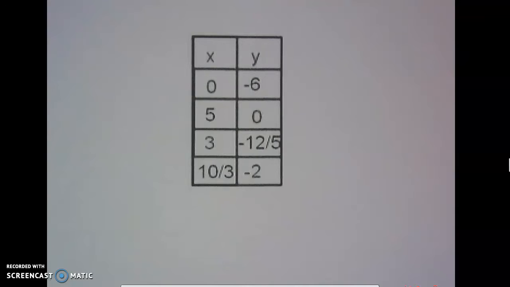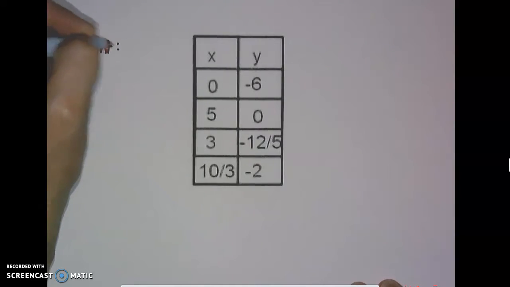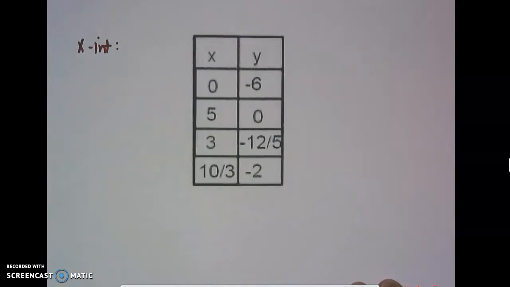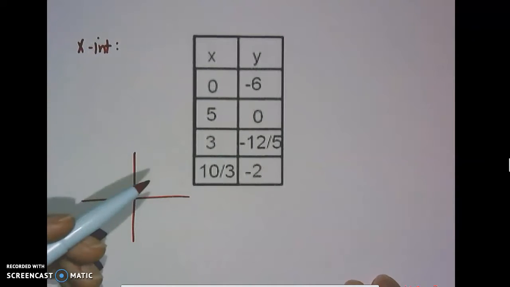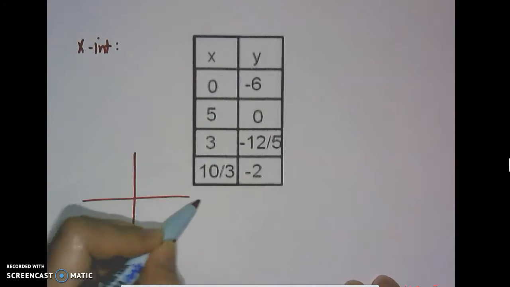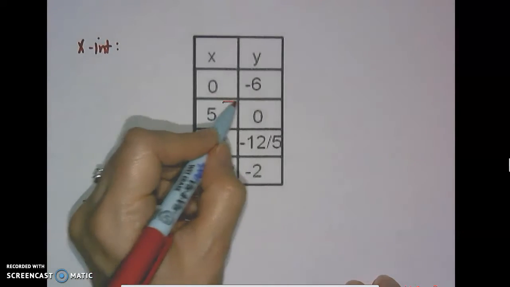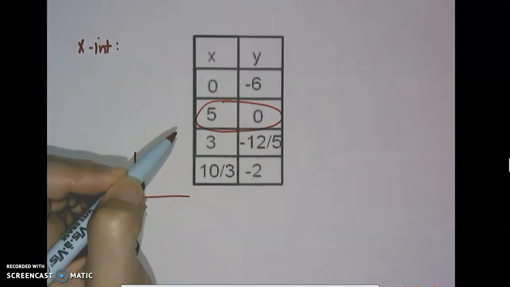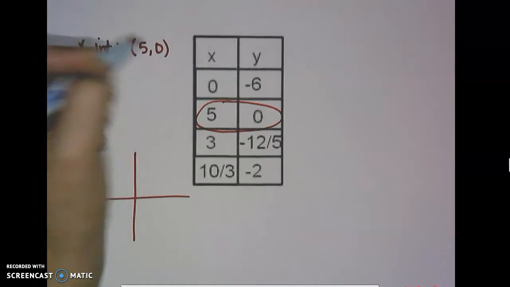Again, we have no idea what the equation is for this at all. But we're going to look for an x-intercept. And if it helps to give you a visual, you could plot these points, or you could also plot them in Desmos and see what they look like. But if we're on the x-axis, that means that our y value is 0. So looking at our chart, our y value is 0 here. So our x-intercept is going to be the point 5, 0.